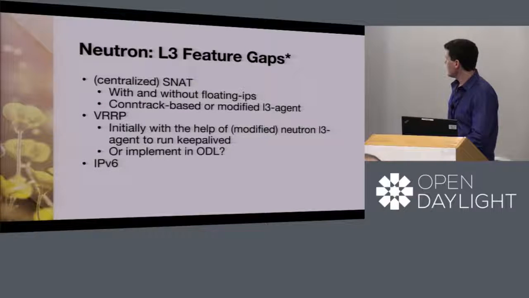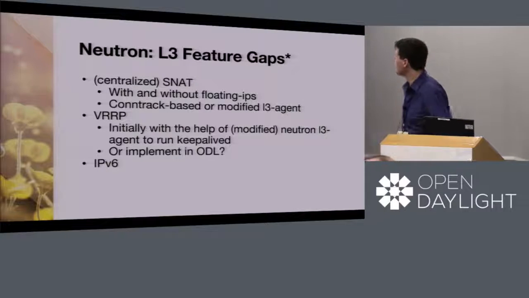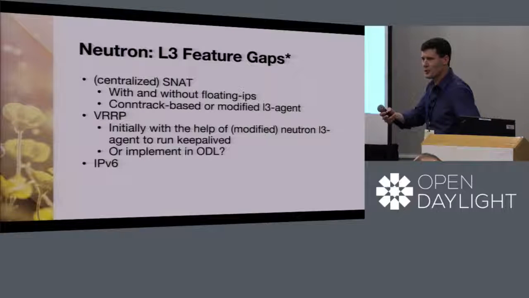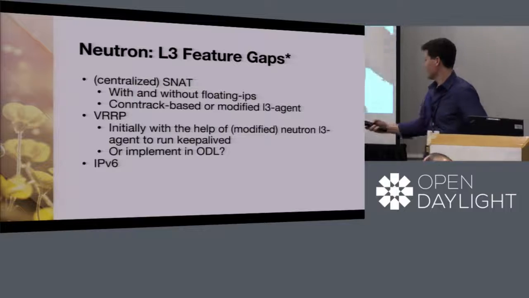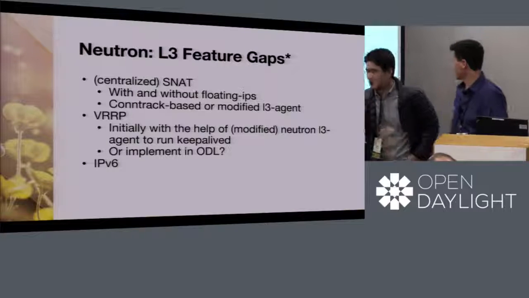The L3 feature gaps. Saku in here? So Saku covered a lot of this this morning. I don't know if you want to talk any more about it. Yeah. So there are several feature gaps, and in order to fill those gaps, I think the Neutron side needs to be done somehow.